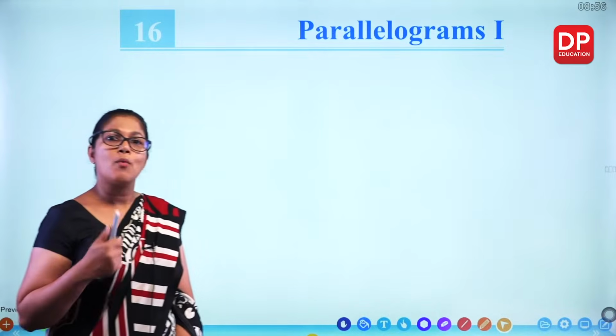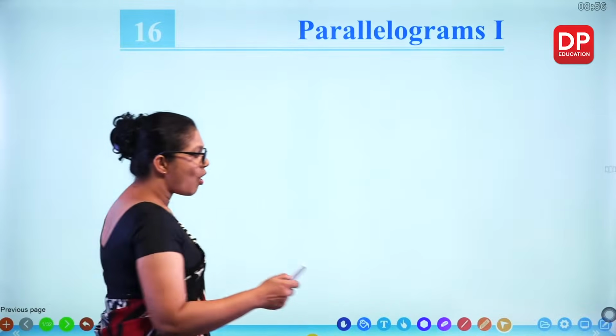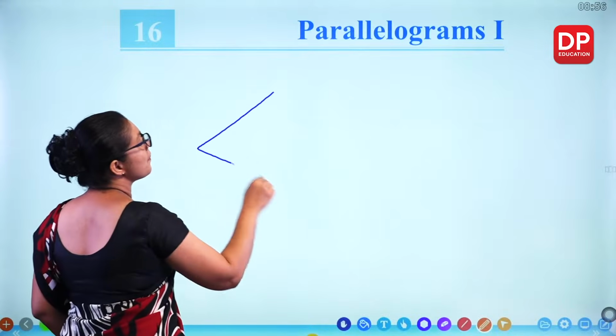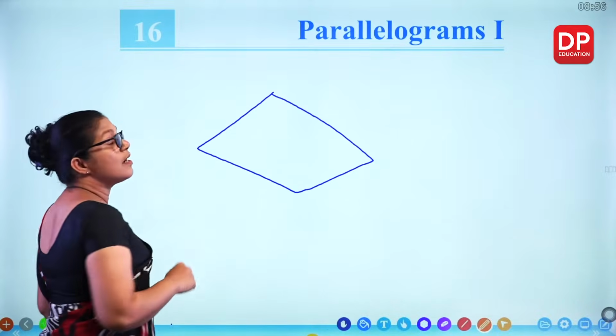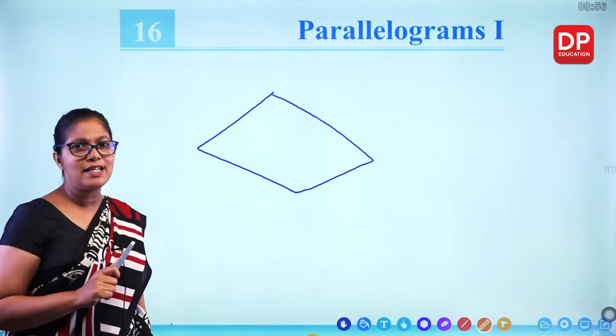Now we'll take what's a four-sided figure. What do you call a four-sided figure? A quadrilateral. So what's the definition of a quadrilateral?